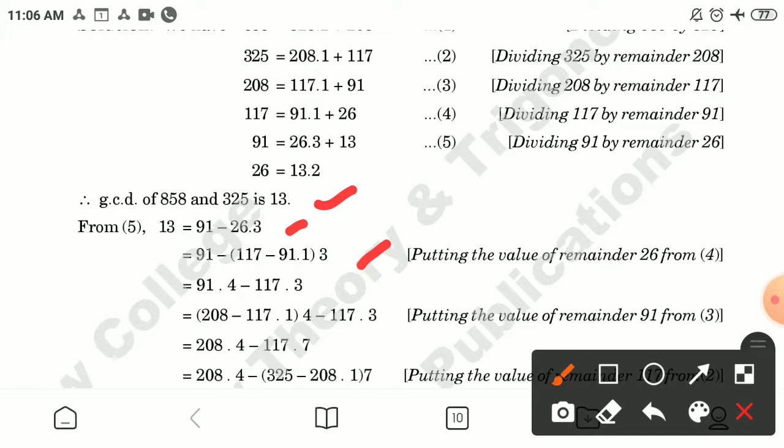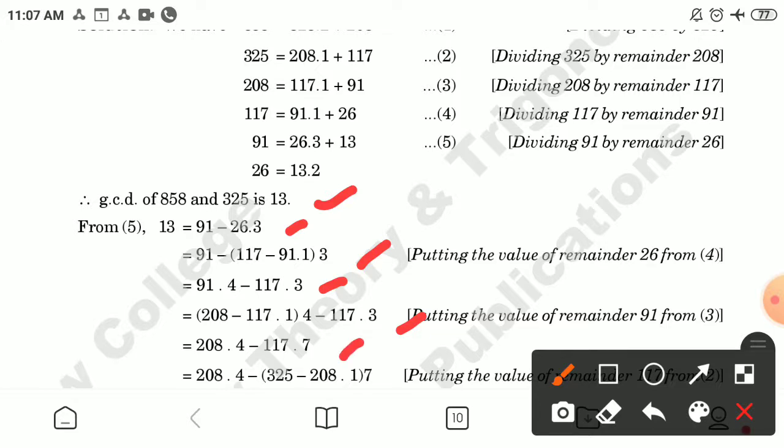This is 91 into 4 minus 117 into 3. Now putting the value of remainder 91 from third, we have (208 minus 117 into 1) into 4 minus 117 into 3, and this becomes 208 into 4 minus 117 into 7.